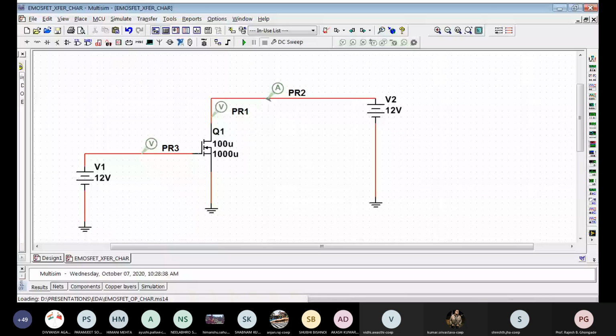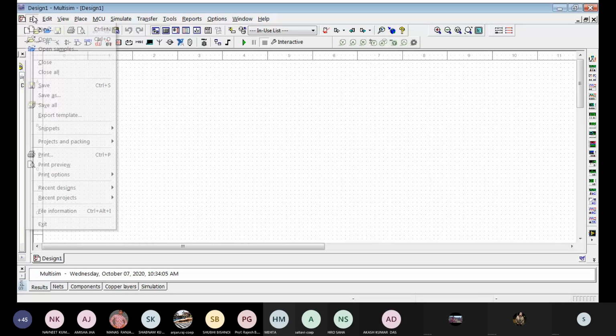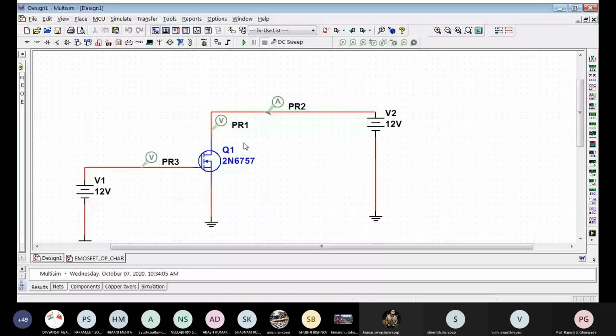Just a moment. Multisync has crashed. Okay, is this clear?